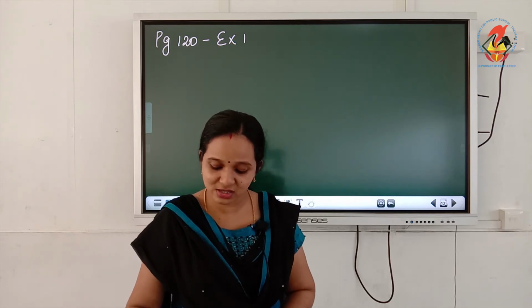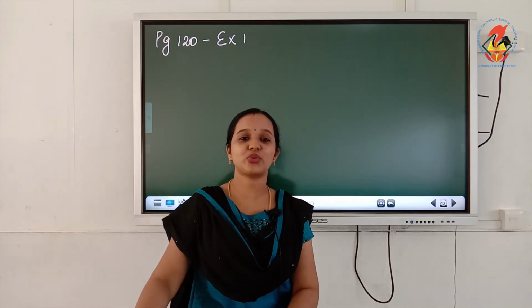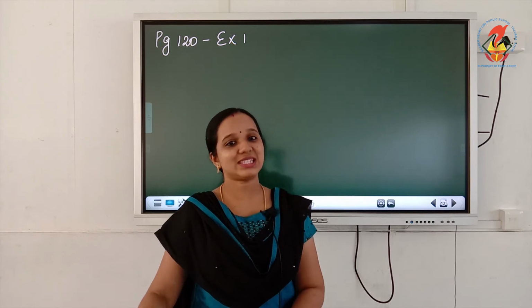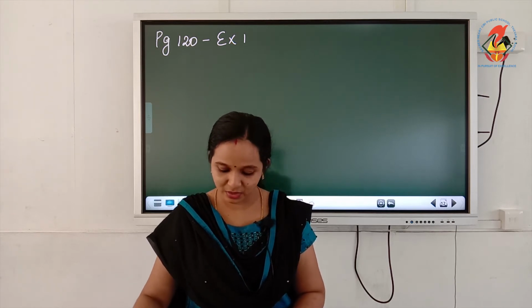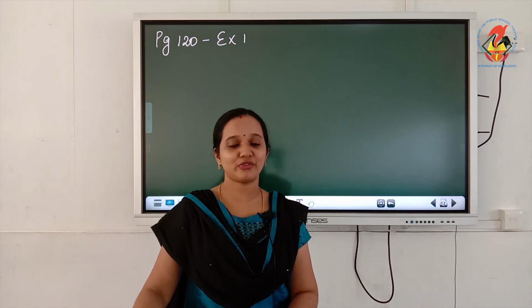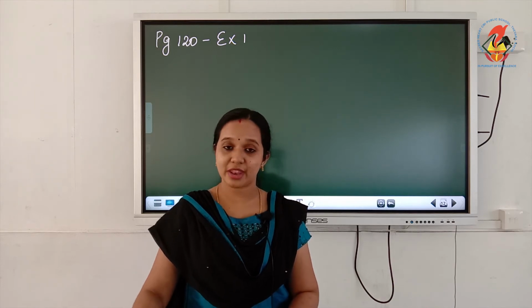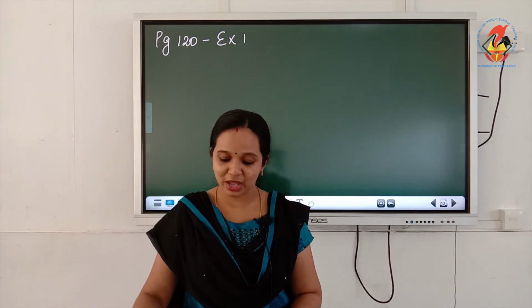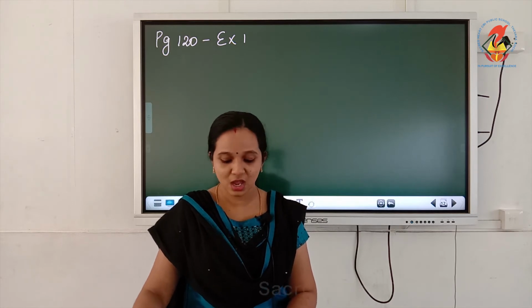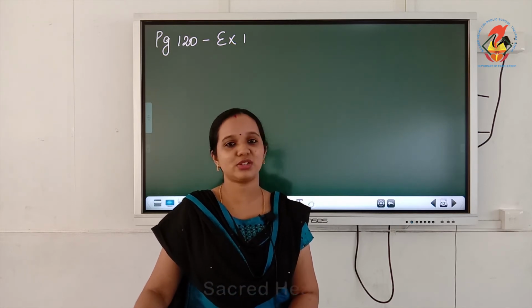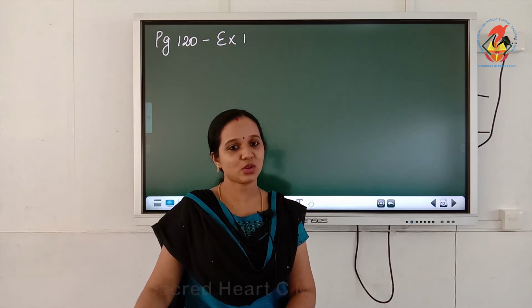It increases the object's velocity from 3 meter per second to 7 meter per second. Find the magnitude of the applied force. Now, if the force was applied for a duration of 5 seconds, what would be the final velocity of the object? So, this is the question.